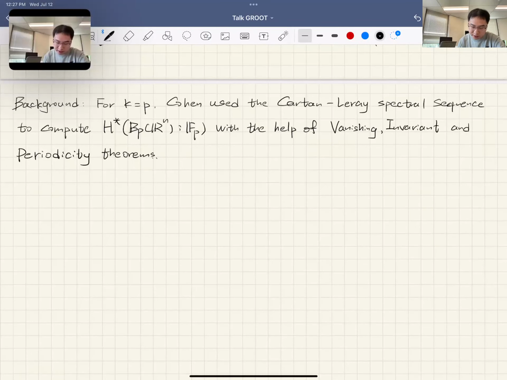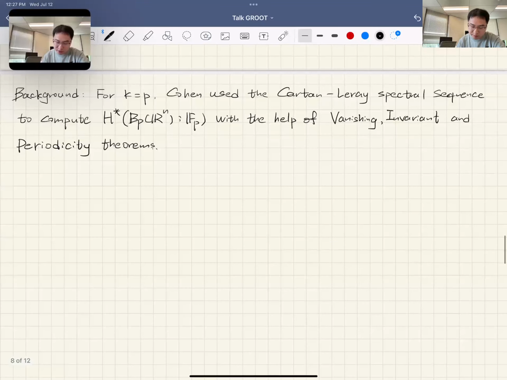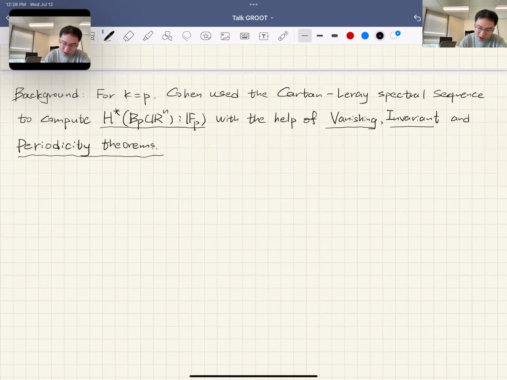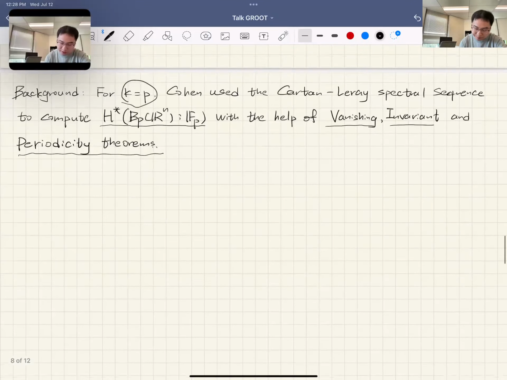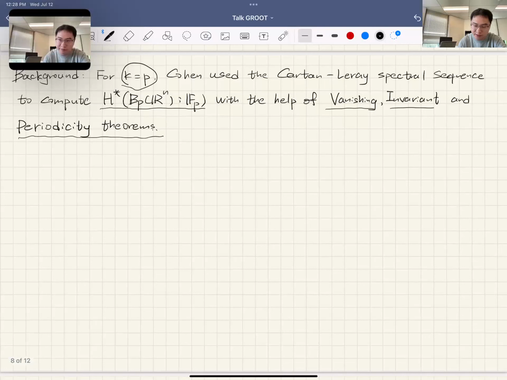So for k equal to p, Cohen used the Cartan-Leray spectral sequence to compute the cohomology of B_p of R^n with coefficients in F_p, with the help of the vanishing, invariant, and porosity theorems. So here, k is equal to p with coefficients in F_p. So the coefficient here is not the integers Z, it is the field.